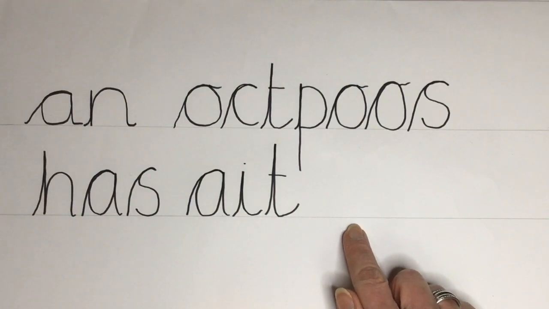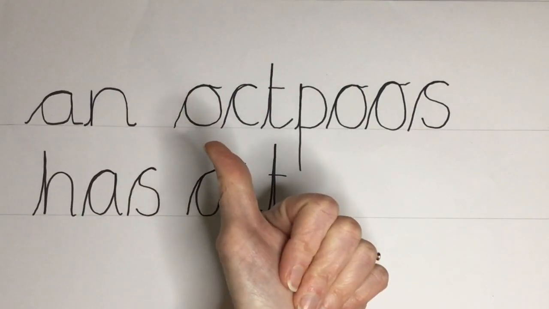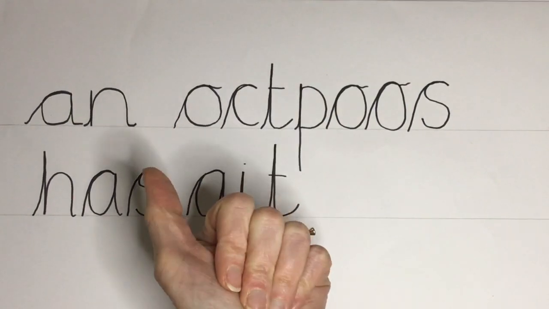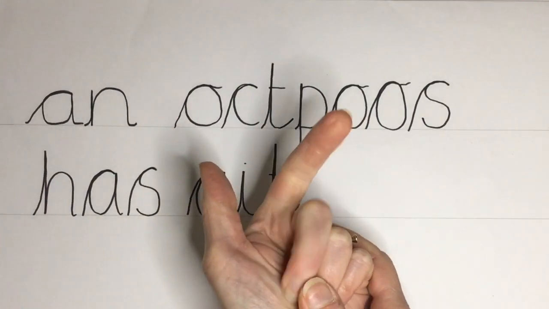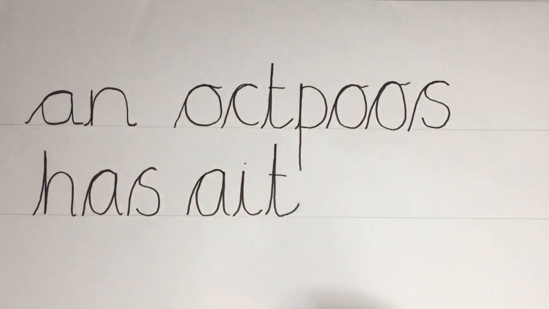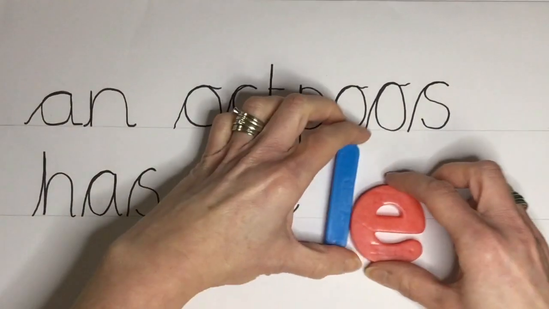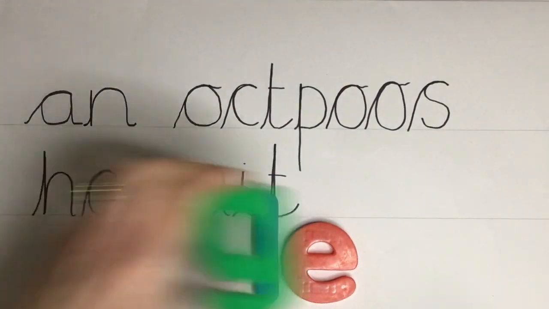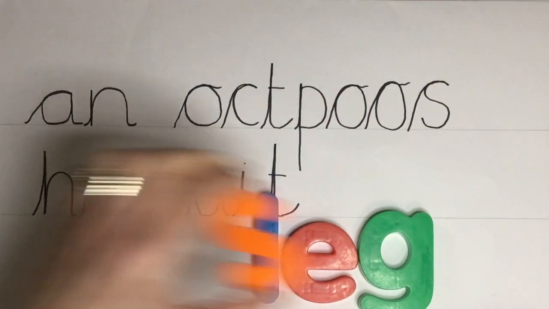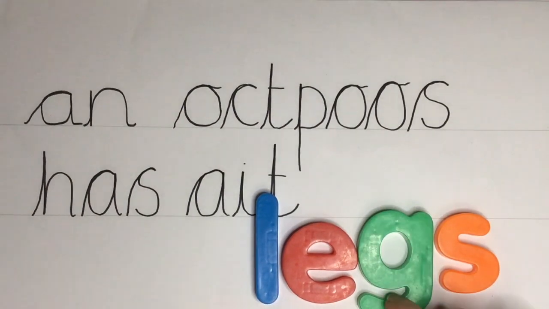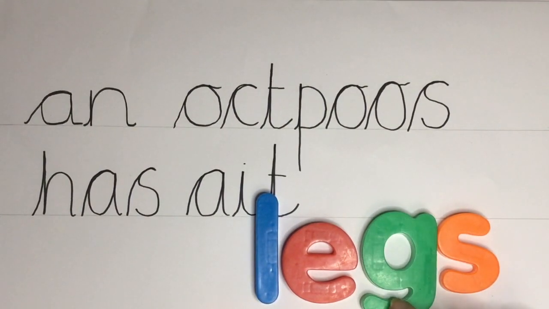Right, let's do legs. That's nice and easy. It starts with L, E, G, S. Oh, we can sound that out nice and easy. L, E, G, S. Let's use my magnets. So we've got L, E, G, S. You might hear a K sound in there instead of the G sound. But if you say leg on its own, you'll really hear that G sound.